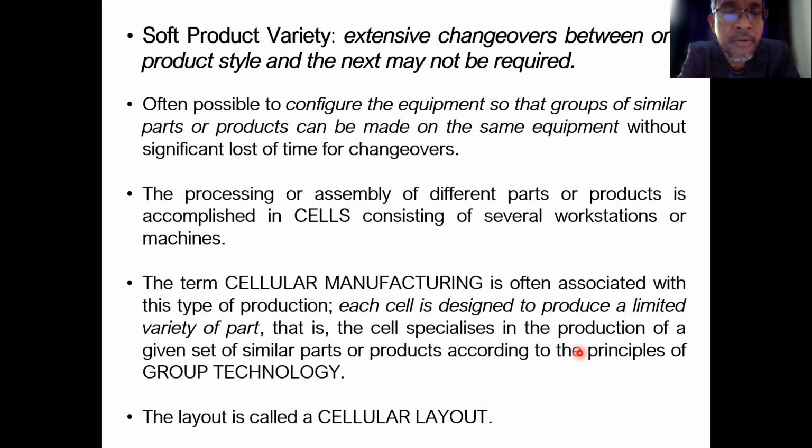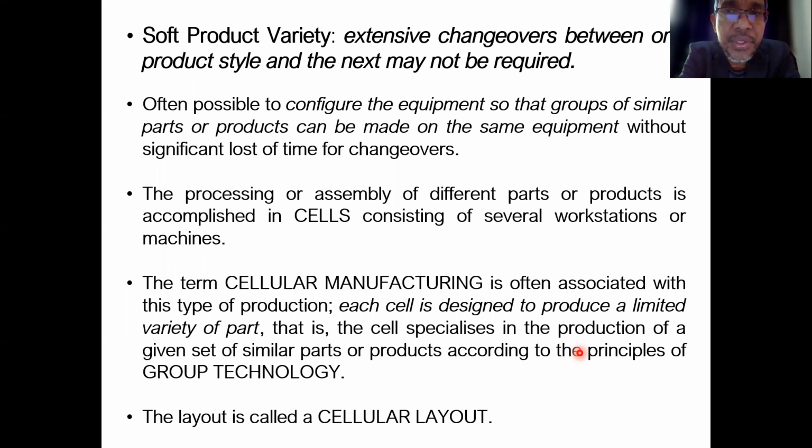The term for this one is cellular manufacturing. Cellular manufacturing is often associated with this type of production, soft product variety. So each cell is designed to produce a limited variety of products. There is a cell specialized in the production of a given set of similar parts, or produce the product according to the principle of group technology.